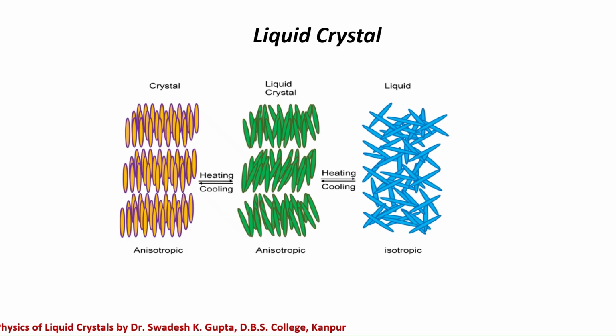Again, let's talk about what a liquid crystal is. Liquid crystals are condensed matter that exhibit intermediate thermodynamic phases between the crystalline solid and the simple liquid state. These liquid crystals are also called mesophases.